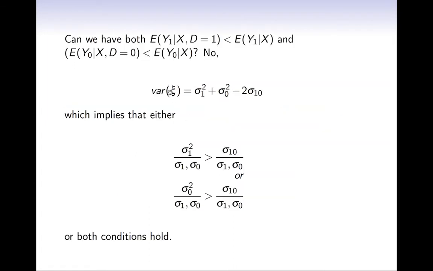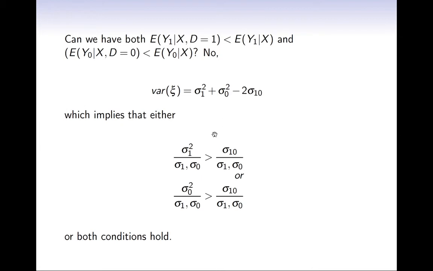Okay, could we have negative selection in both sectors? That would mean that the mean with selection is less than the mean if randomly assigned to that occupation. It turns out that's not possible. Why? Because the variance of this psi has to be positive. So really I should put a greater than 0 here.